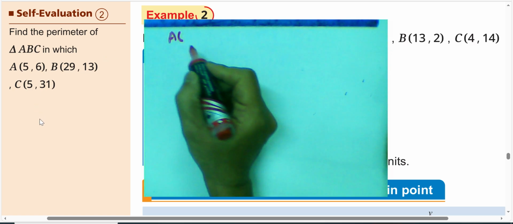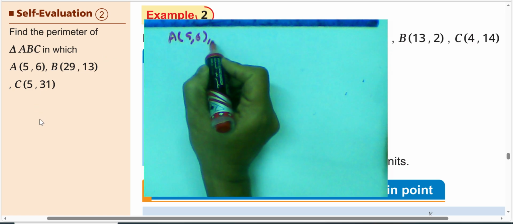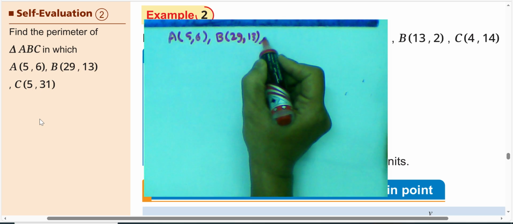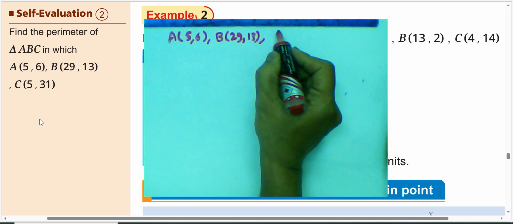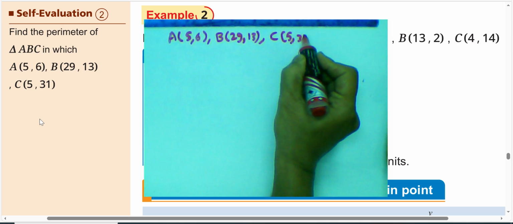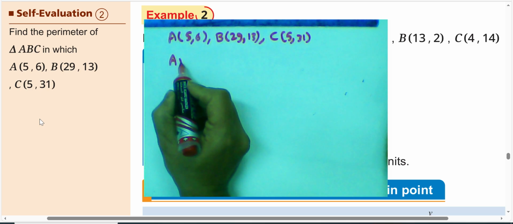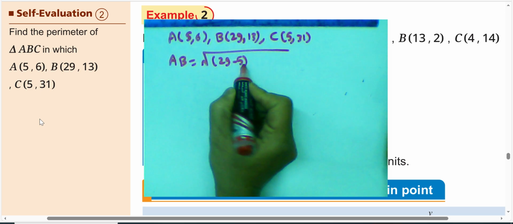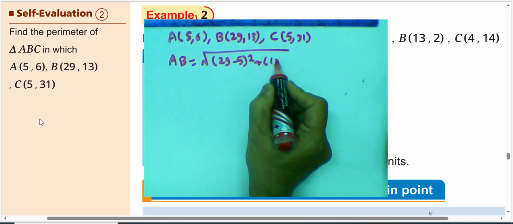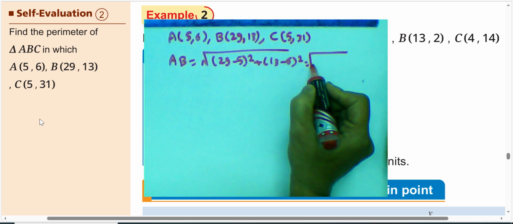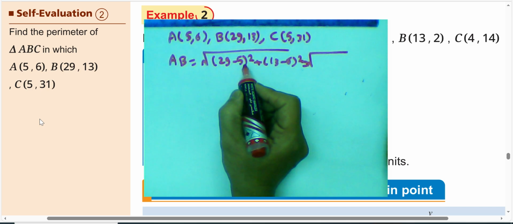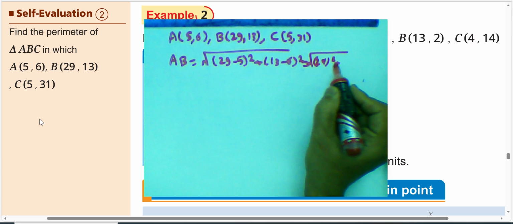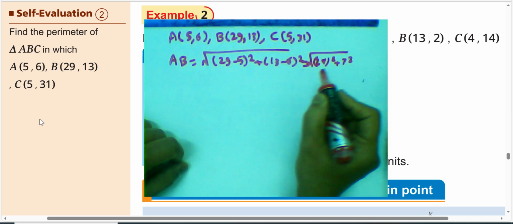We have point A with coordinates 5 and 6, and point B (29, 13), and point C (5, 31). We can find the length of AB: (29 minus 5) power 2 and (13 minus 6) power 2. 29 minus 5 is 24, power 2. 13 minus 6 is 7, power 2.